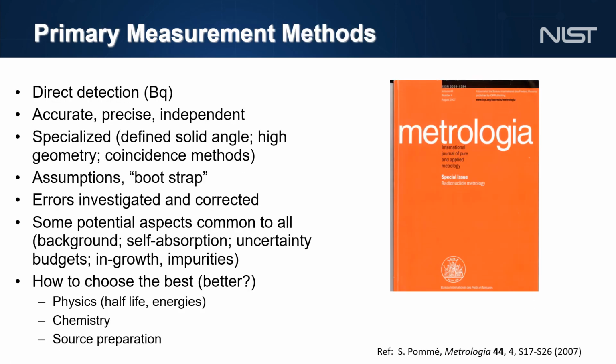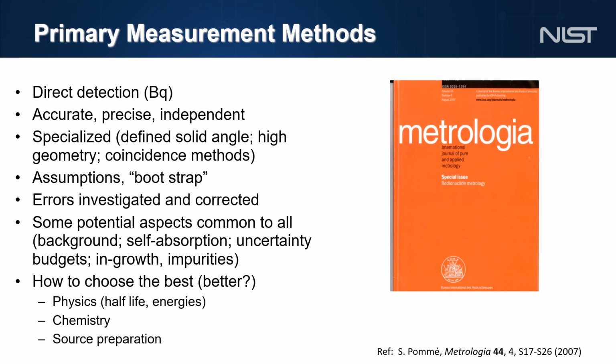In radionuclide metrology, primary measurement methods are based on direct detection and measurement of nuclear transitions, independent of emission probabilities, and are generally independent of other radioactivity measurements, calibrations, or standards. They do, however, generally involve assumptions, model dependencies, and corrections.